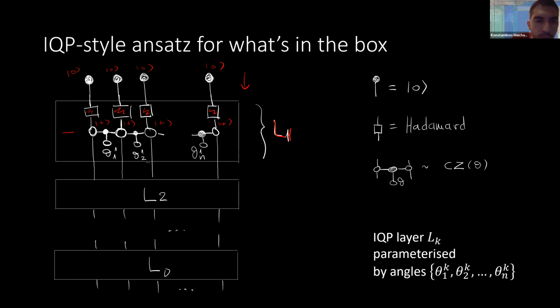Then they go through this layer of control Zs, and this layer between every neighboring qubit has an angle. This is the set of angles of the first layer, and so on. The second layer will have its own set of angles, and the last layer will have its own set of angles.